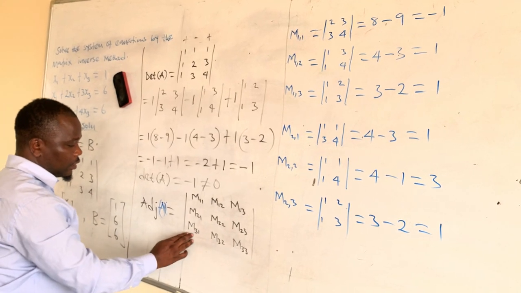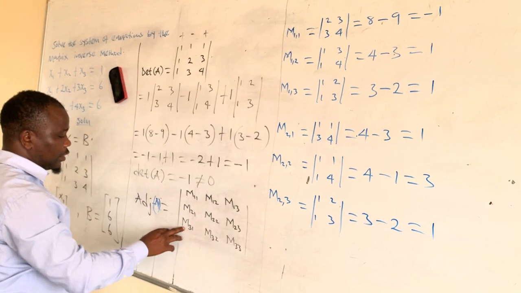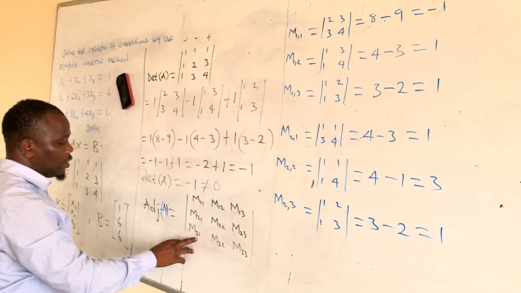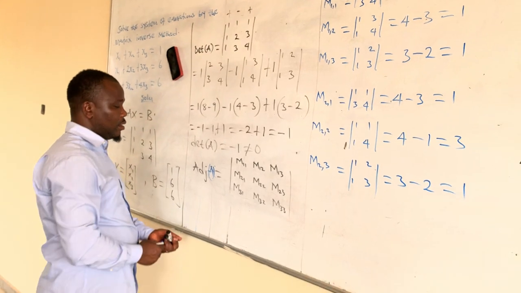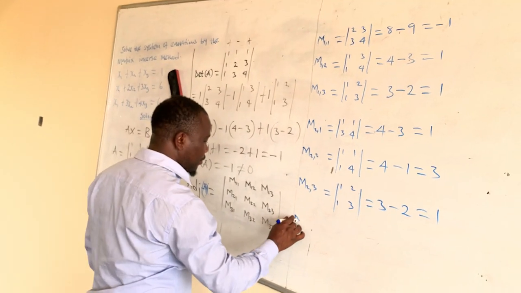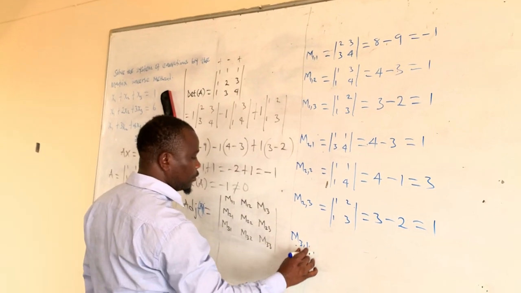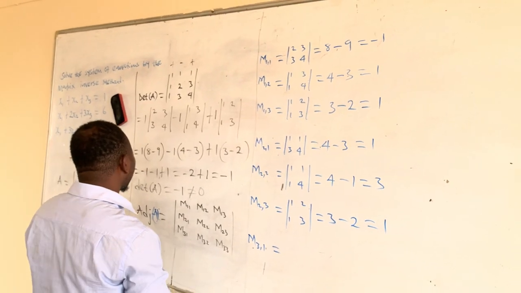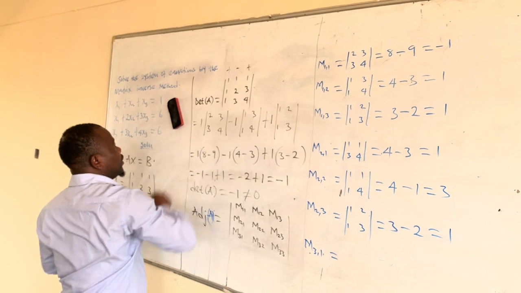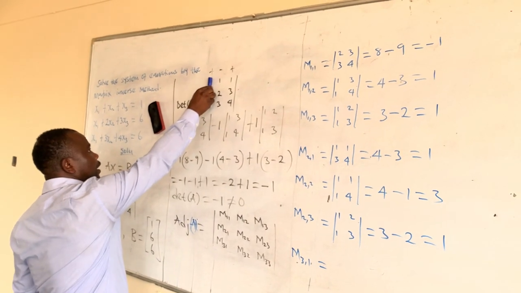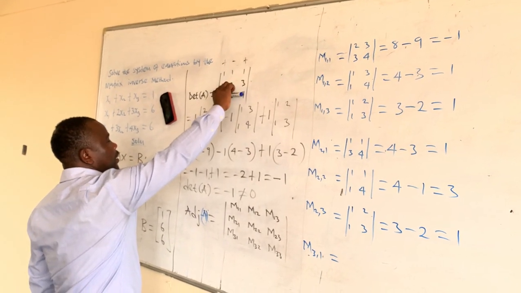Now I want to look at the third row. That is, we'll start from M3,1 down to M3,3. Okay, let us consider M3,1. We are talking about this here. It means it will cover here, then it will affect here.